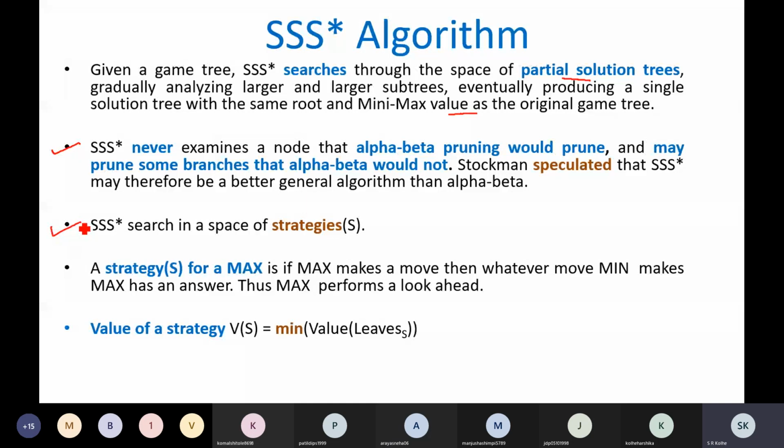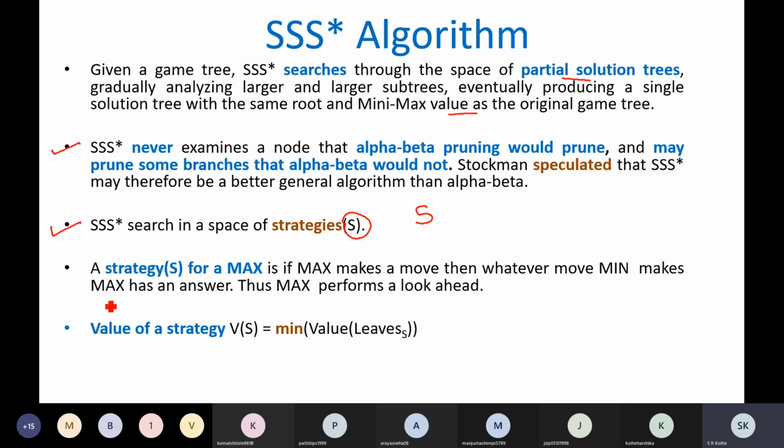This algorithm SSS star starts with the space of strategies, and we are going to call this capital S, the space of strategies. It will start with the set of strategies and then refine it till you arrive at the better solution.